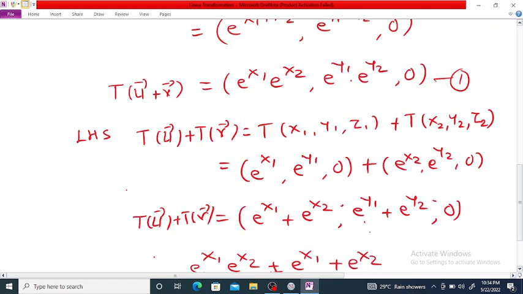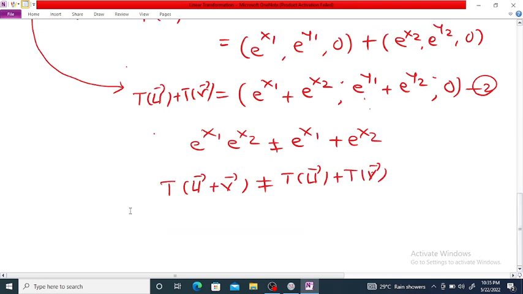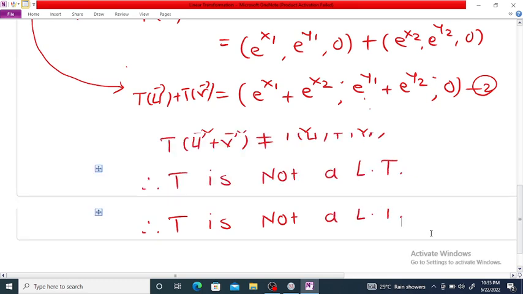If you compare equation number 1 and equation number 2, we observe that T of u bar plus v bar is not equal to T of u bar plus T of v bar. So T is not a linear transformation. Therefore, the given map T is not a linear transformation.